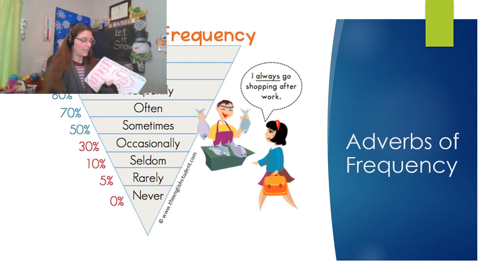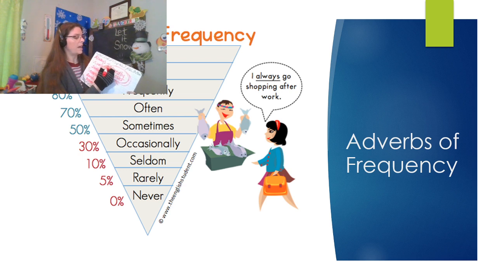Now, I have a game to use these. Oops, let's keep them on here. Sometimes, rarely, and never. So always is going to be every day or every other day. Usually means it's part of your daily routine. Usually you do this.